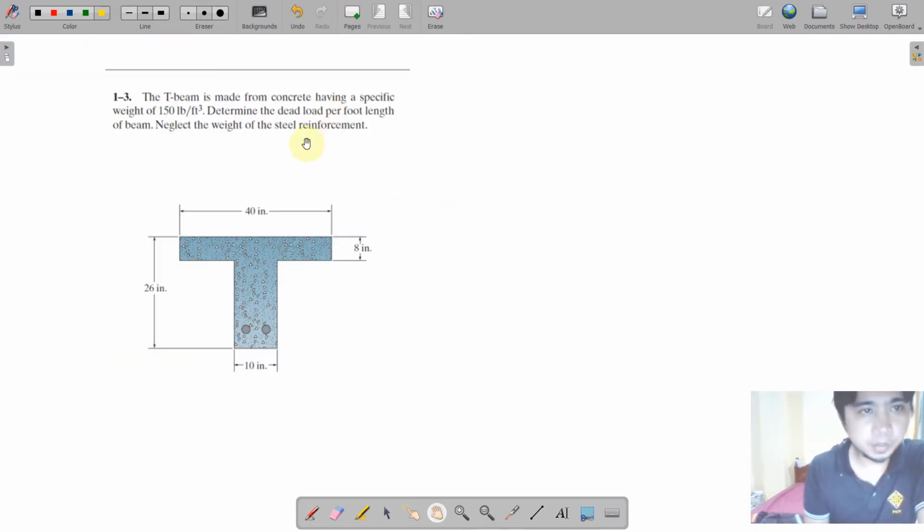Okay, for the third problem, we have here a cross-section of a T-beam reinforced by this reinforcement. The dimensions are given, the thickness. We have here actually the flange, and this stem is the web of the T-beam here. So it has already the gamma, given gamma.